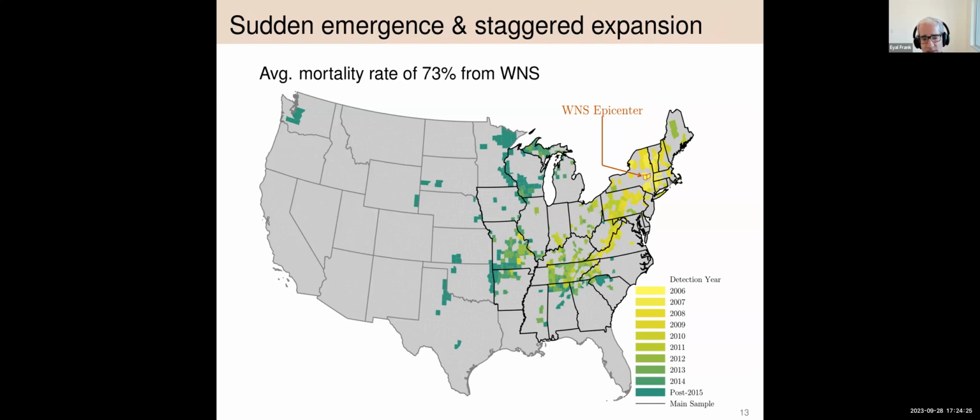Unfortunately, and I should say some of these slides have been updated since, but this is good enough just to convey the point. What we get in this setting that's useful for estimating this is that we had the initial detection in 2006 in New York. And since then, we've found the fungus spreading to new counties over time.